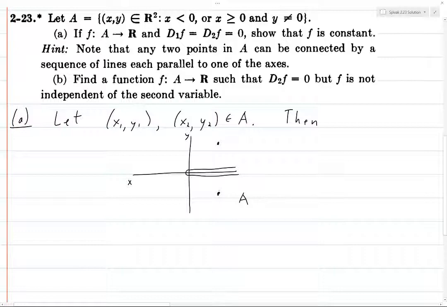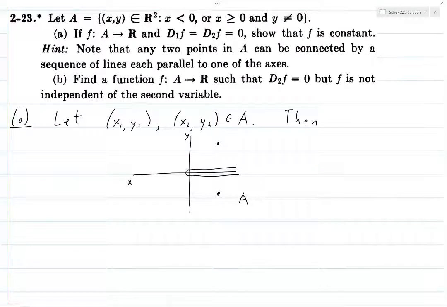We know that if we have any vertical or horizontal line in A, then the function f will be constant on that line.